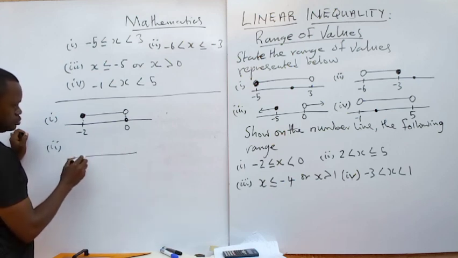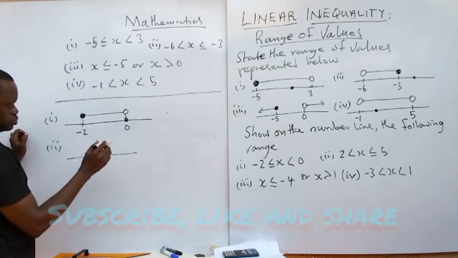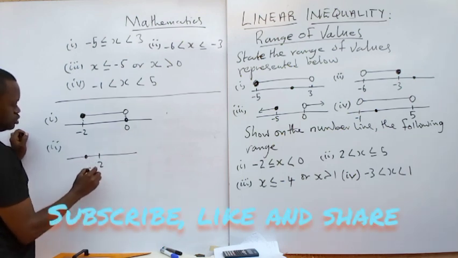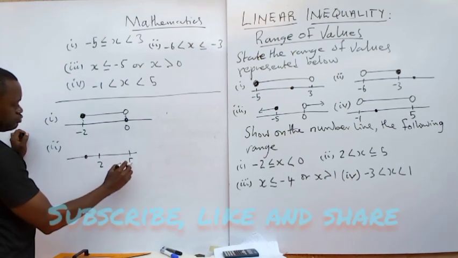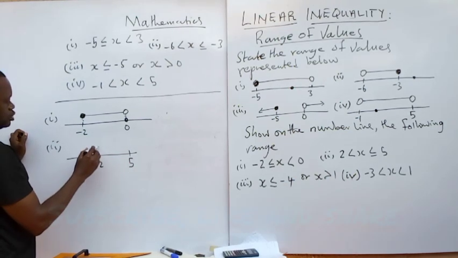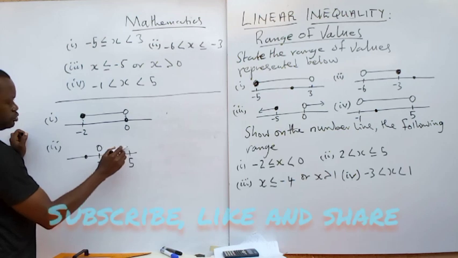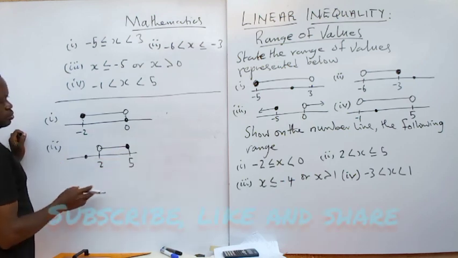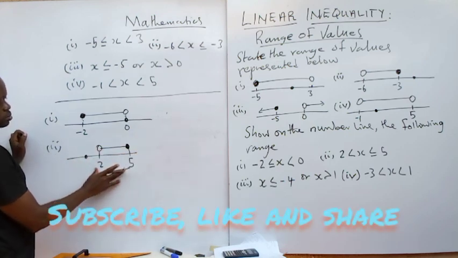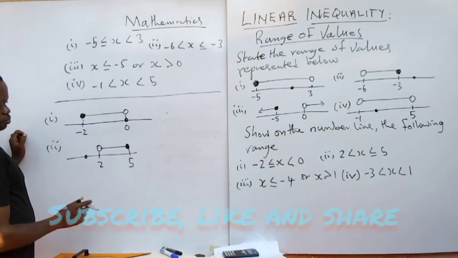So I shift the 0 this way so that I can accommodate both 2 and 5. Let's say somewhere here 2 and somewhere here 5. Here has to be open and here has to be closed, shaded. With this, I have conveyed that range on the number line. I'm sure that is very clear.